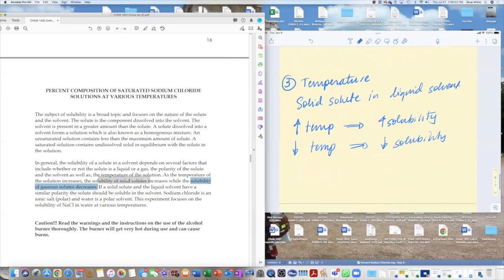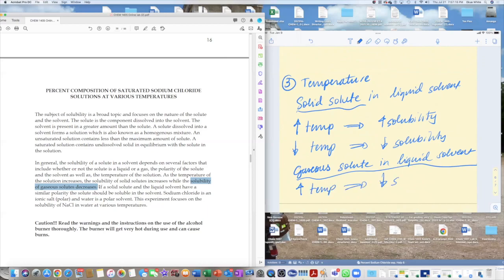So I want to mention that this rule works for solids, but if you have a gaseous solute in a liquid solvent, we notice the opposite. In gases, higher temp causes lower solubility.